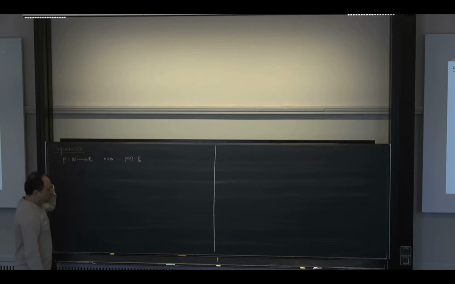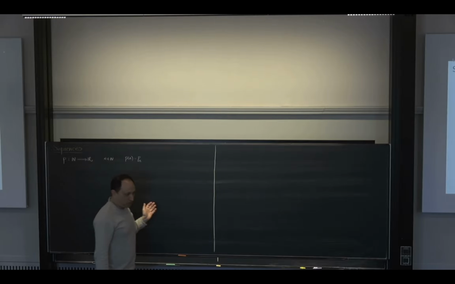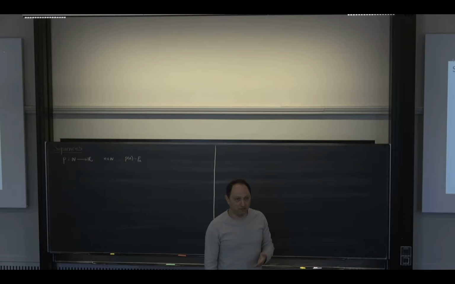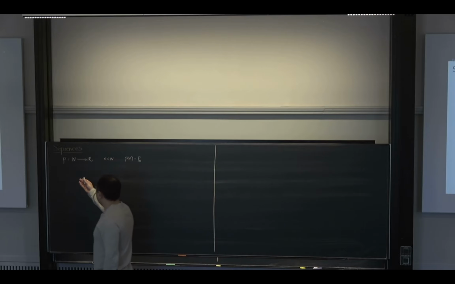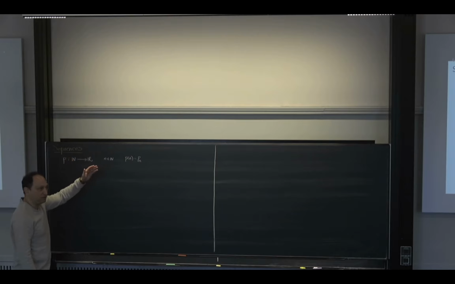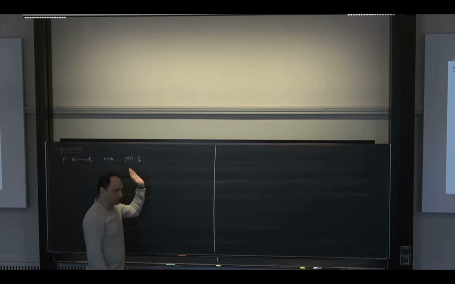In your previous courses, probably in calculus, a sequence was given to you and then you were supposed to find its limit. So it means that in mathematics, what we care about is the eventual behavior of a sequence, how this sequence behaves eventually. Eventually means after one point onward.